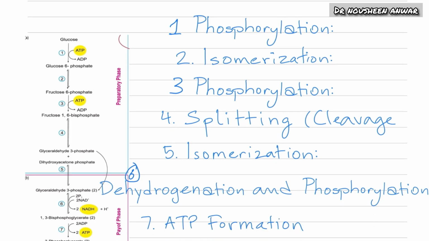Once you have glucose inside the cells in the cytoplasm, glycolysis itself has two phases. The first is the investment phase, which is called the preparatory phase. The second is the payoff phase. Initially we need 2 ATPs.